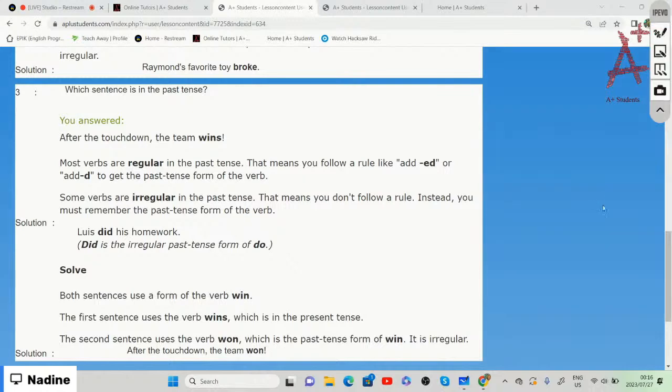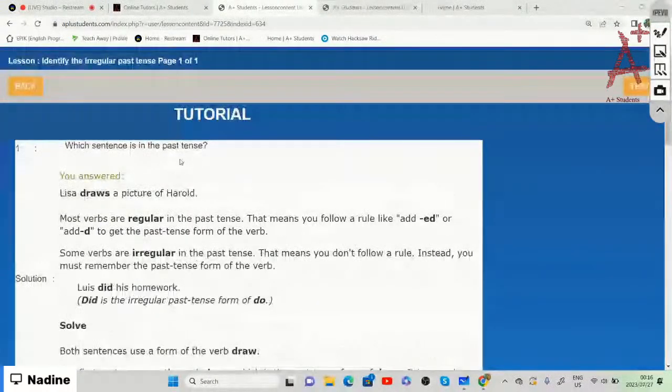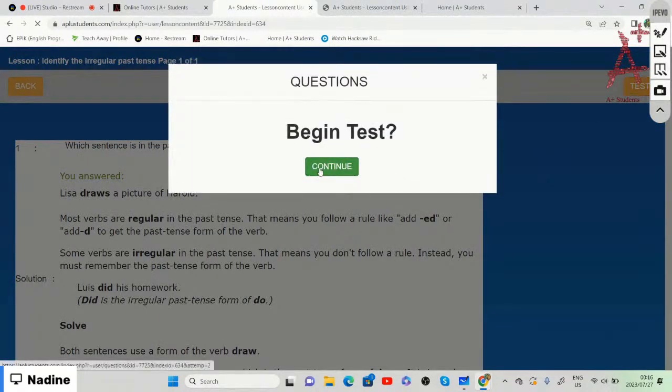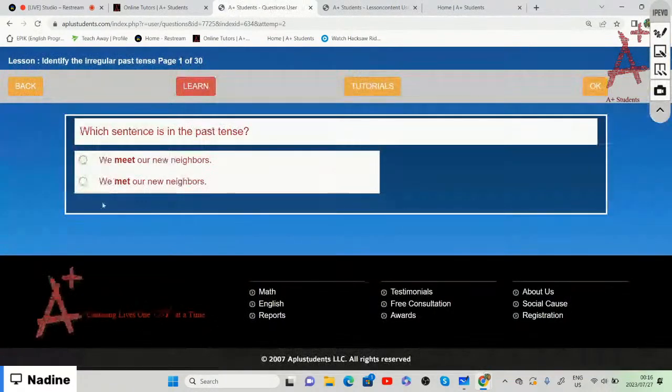All right. So now we are going to a test. We're going to test ourselves on identifying the irregular past tense forms of the verb based on the lesson that we just covered. So which sentence is in the past tense? We meet our new neighbors, or we met our new neighbors.